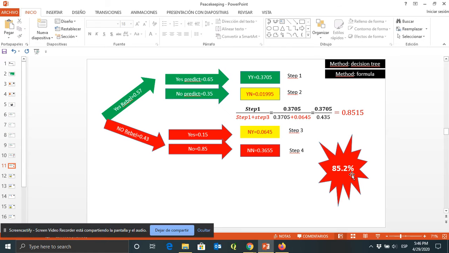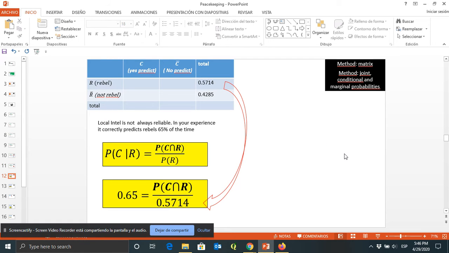Once we found the answer using these two methods, we continue with the third method, which is using joint, conditional, and marginal probabilities. To do that, we use this matrix. This is a 2 times 2 matrix.